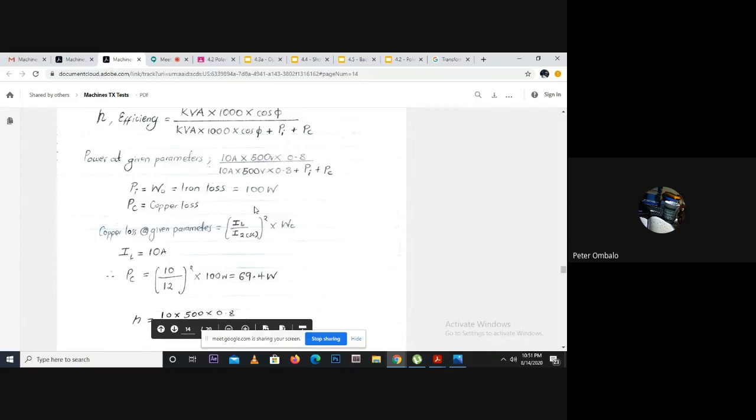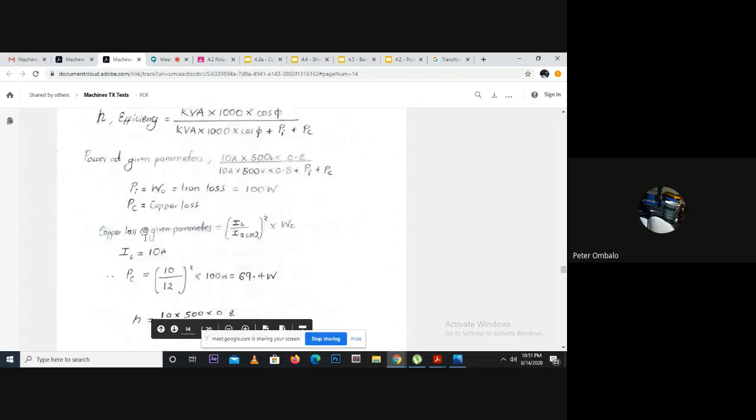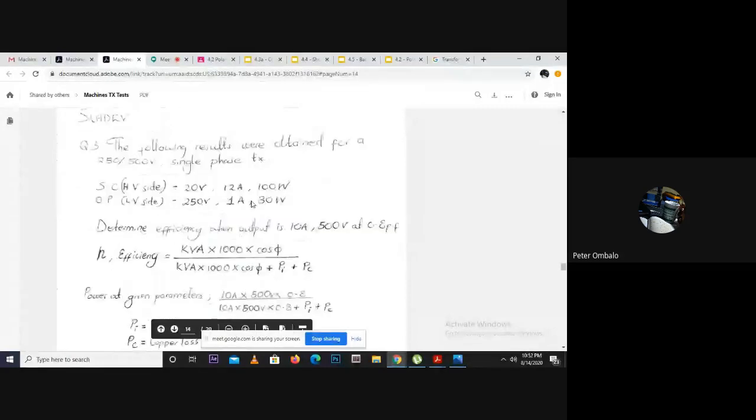But when the transformer is operating at a particular output, then the copper losses is going to be a fraction of that. It's not going to be purely WC. WC is the power as read by the wattmeter when we are doing a short circuit test.